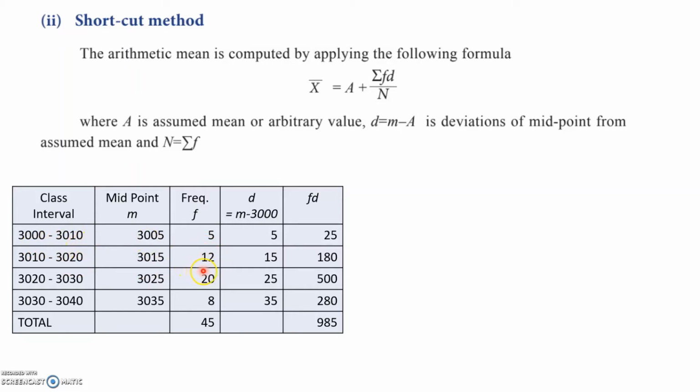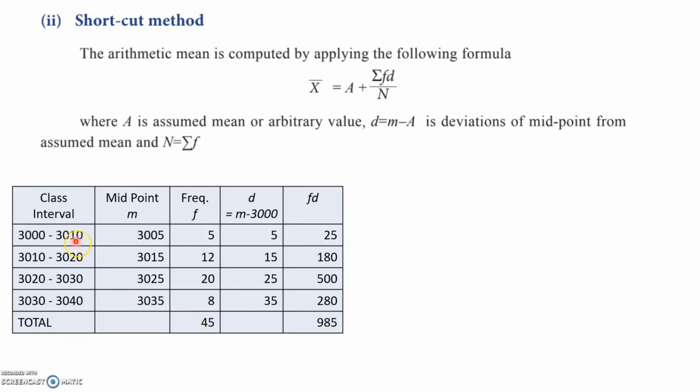For 12 days, the production was 3010 to 3020. For 20 days, the production was between 3020 to 3030. And for 8 days, they had very high production of 3030 to 3040 water bottles. The observation was done for 45 days, which is about 1.5 months. So this is our statistics for 1.5 months.